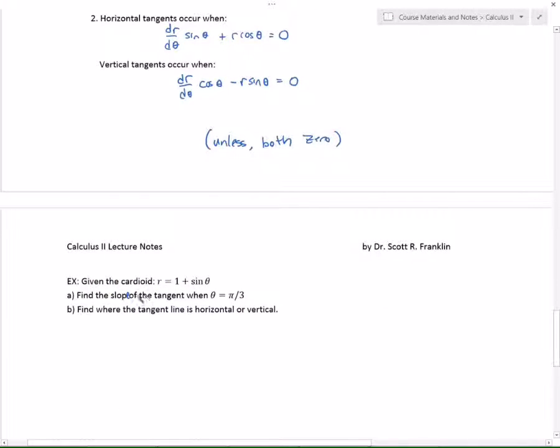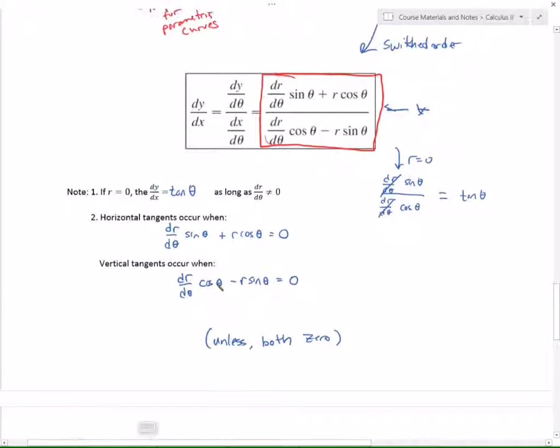So given this cardioid, we want to find the slope of the tangent when theta is equal to pi over 3. So how do you find the slope of the tangent of a polar curve? Use the equation.